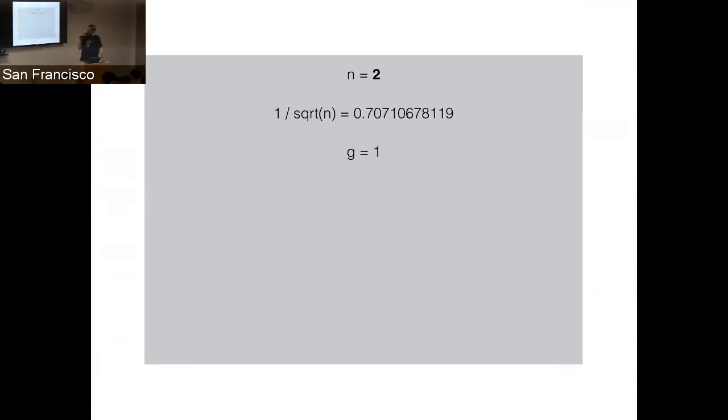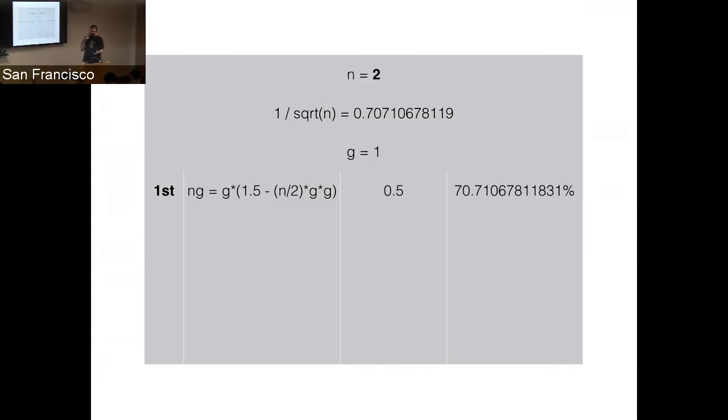So let's assume we want to calculate 1 over the square root of the number 2. We took the number 2, then in the second line you see the proper result, the correct result. And we start guessing with, let's say, 1. So let's start with the equation from the previous slide. We put in 1, we calculate, the result is 0.5, and we know that this result is correct to about 70%.